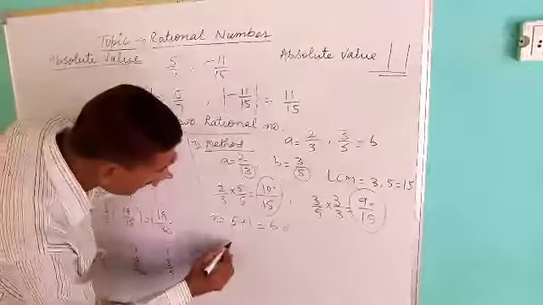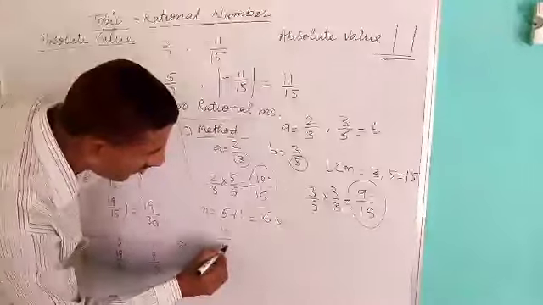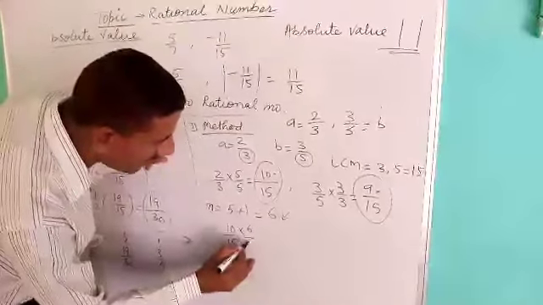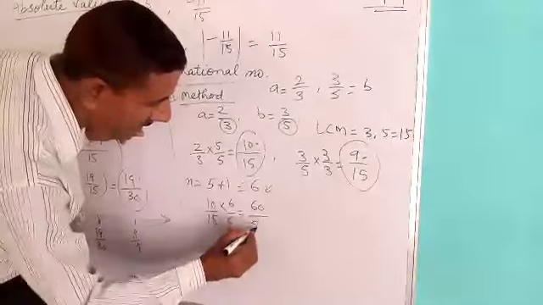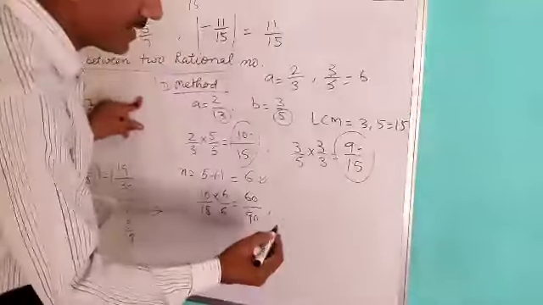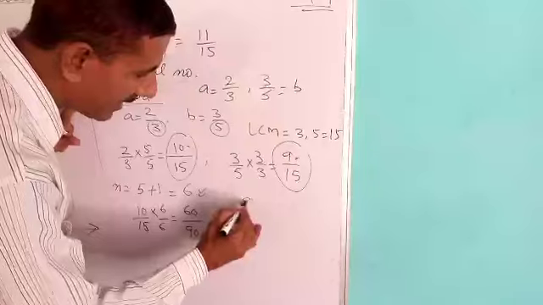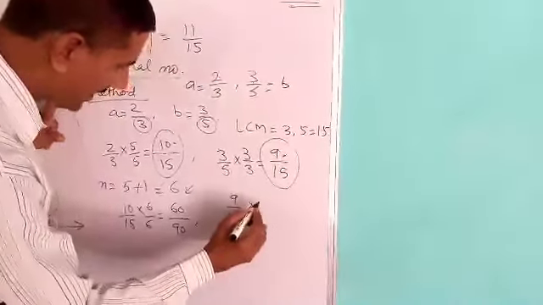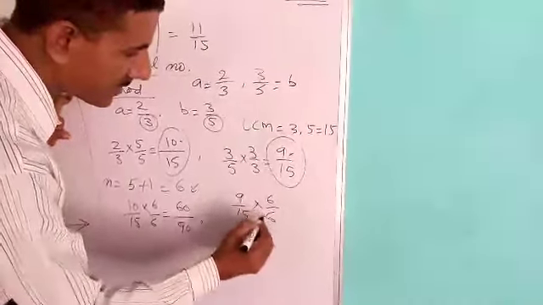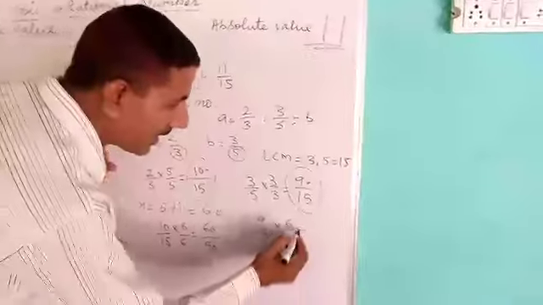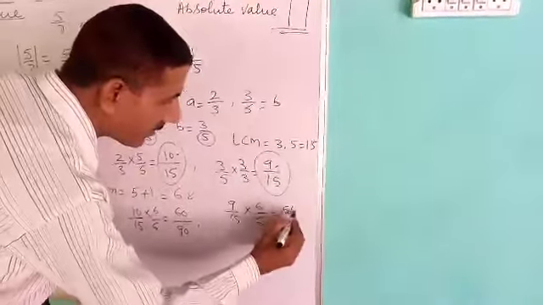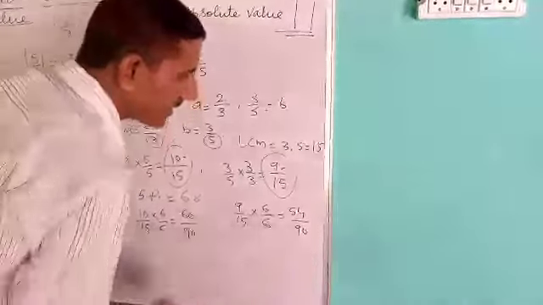Now the first number 10 upon 15 into 6 upon 6. 10 6 is 60 upon 15 6 is 90. First number, and the second number 9 upon 15 multiplied by 6 upon 6. Both the numbers are multiplied by the same number, and 9 6 is 54 upon 15 6 is 90.